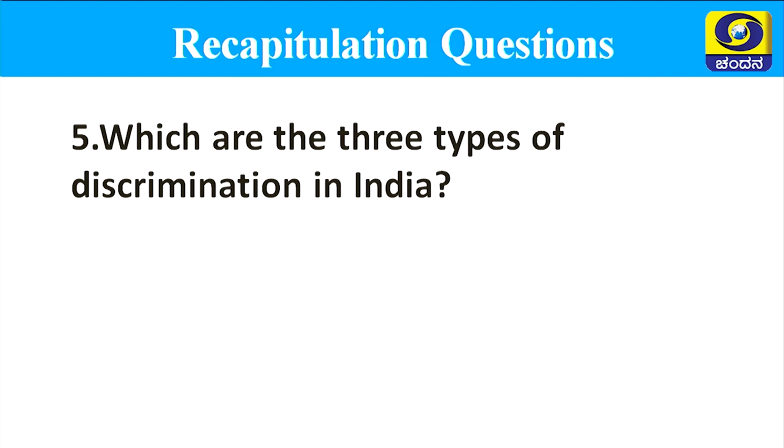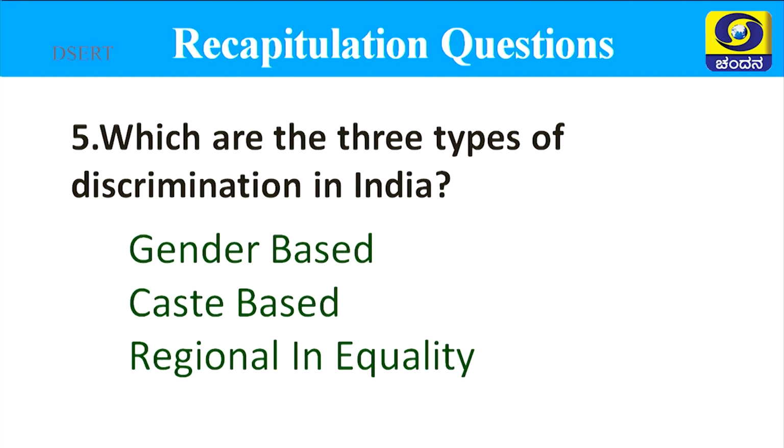I hope you know this answer. Yes, caste-based discrimination, gender-based discrimination, and regional inequality. These are the three important types of discrimination in our country. I think you understood, children.